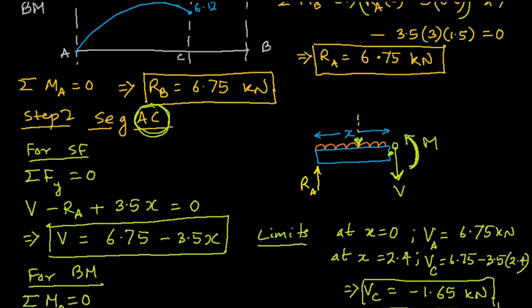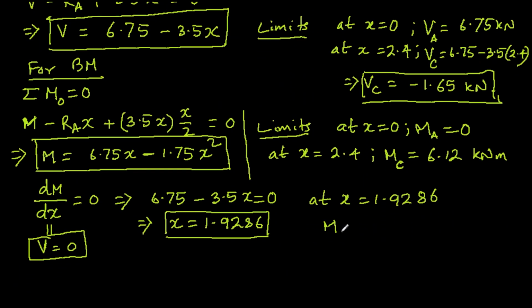Okay, now M at G will be equal to 6.5089 kilonewton meter. Fine.